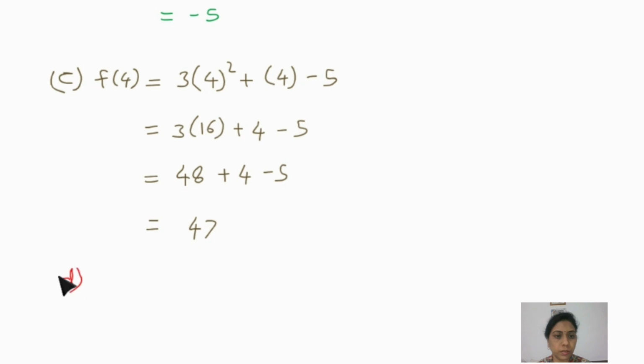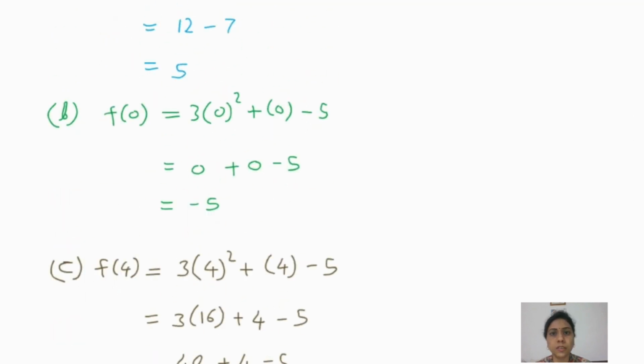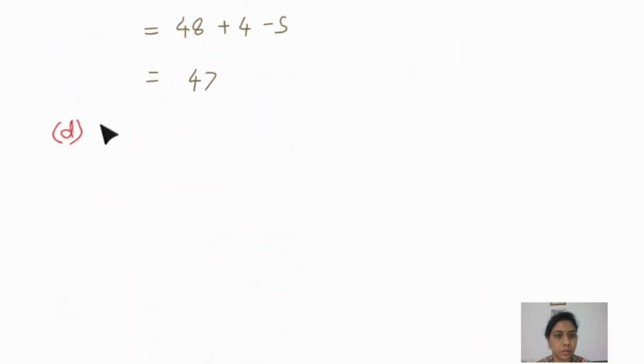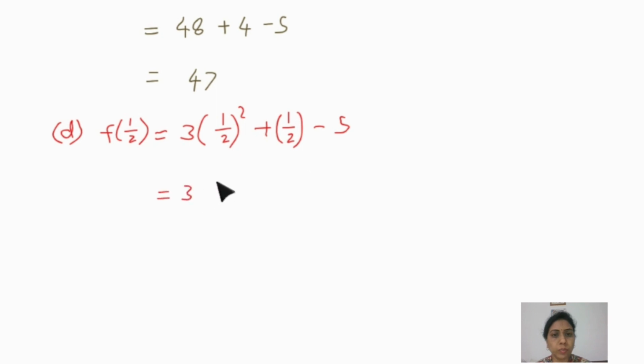Now D question. What is D here? f(1/2). So our equation was 3x square, x means 1/2 square, plus x, here 1/2, minus 5. 1/2 square is 1/4 because 1 square is 1 and 2 square is 4, plus 1/2 minus 5.